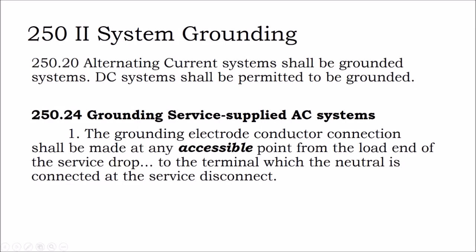Now, alternating current systems should be grounded. DC systems do not need to be grounded. They shall be permitted to be grounded. And what that means is now we start to have DC systems where the inverter does not need a reference to ground in order to detect a ground fault. And so you have what's called an ungrounded inverter.